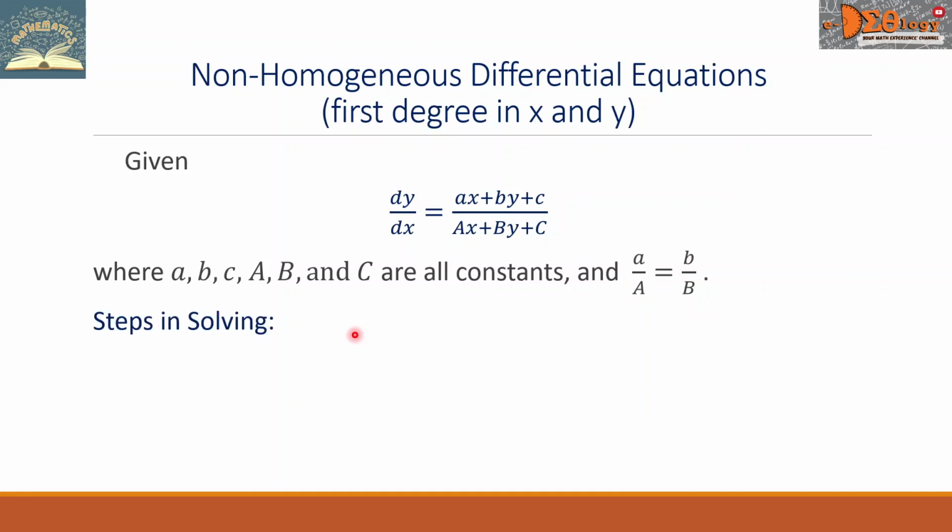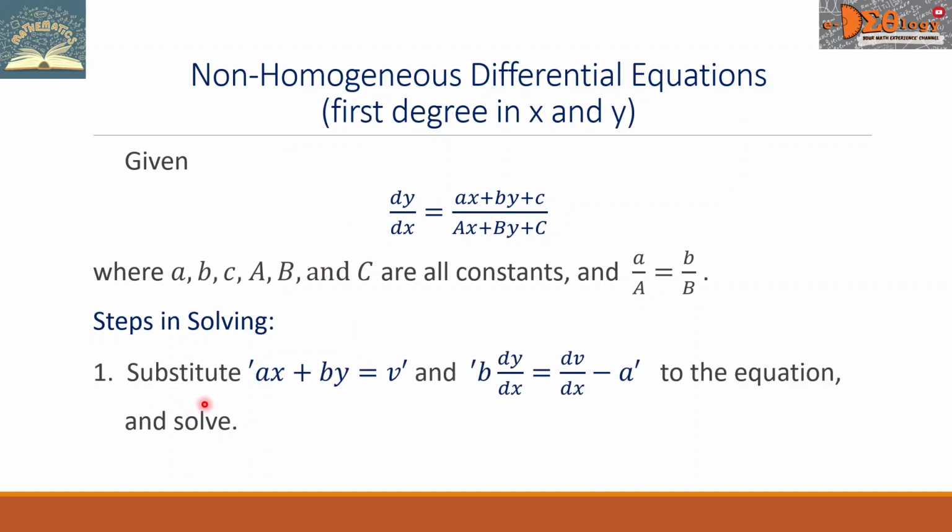We have steps in solving this type. Step 1. Substitute small a times x plus small b times y equals the variable v, and small b times dy over dx equals dv over dx minus small a to the equation, and solve.